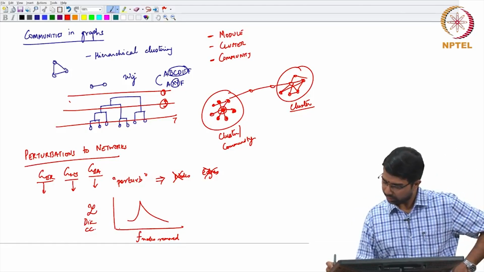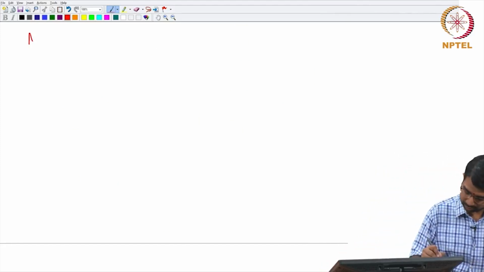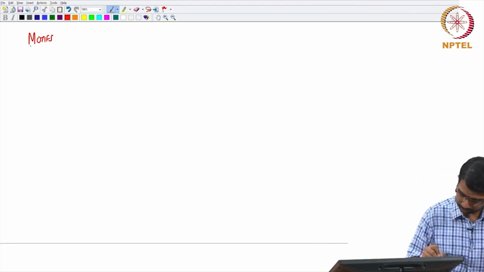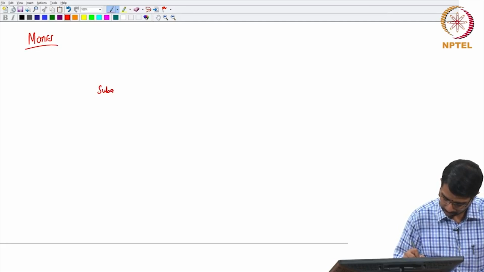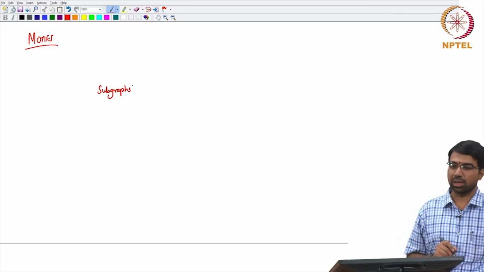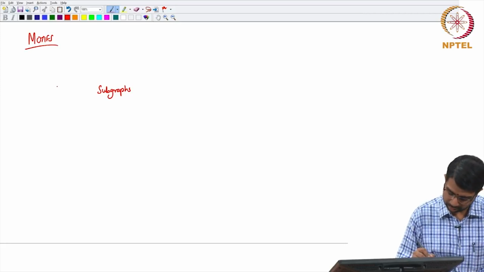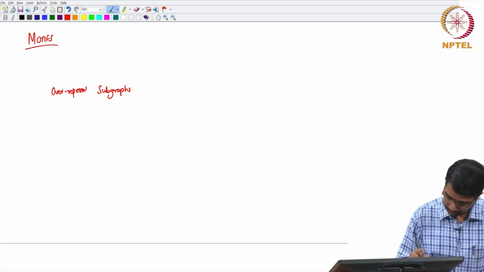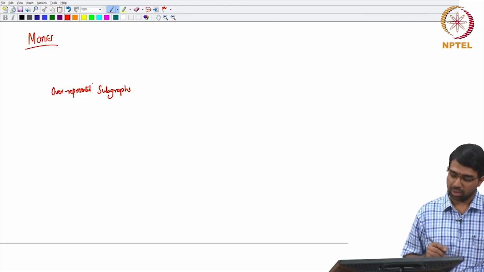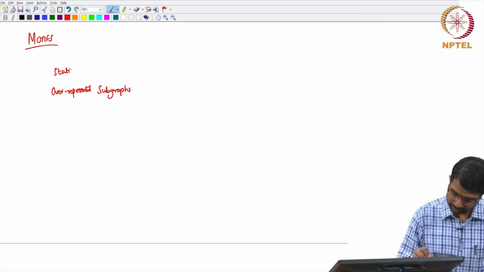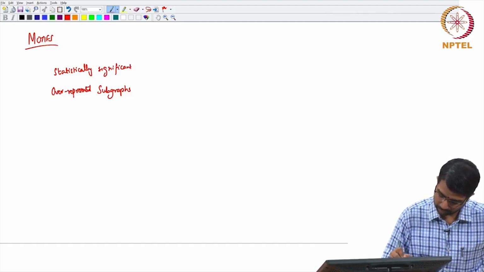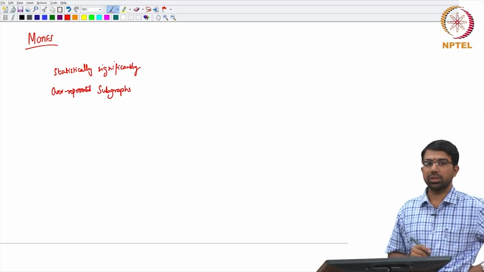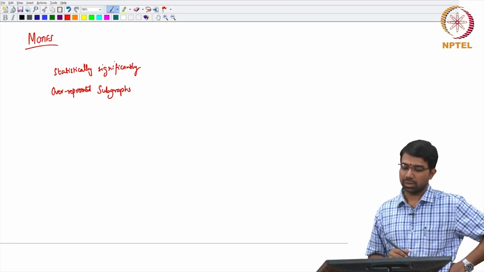Then finally, we look at motifs. Motifs are nothing but subgraphs, rather statistically significantly over represented subgraphs, right.